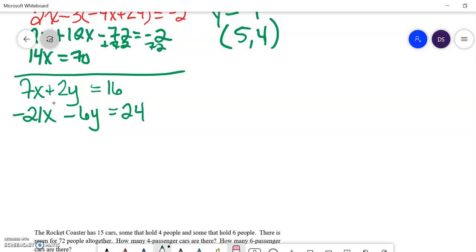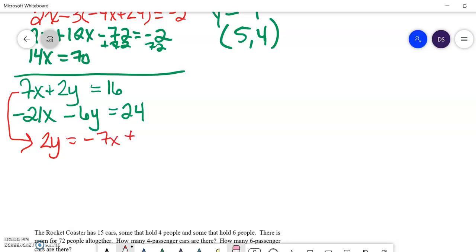When I look at these four variables, the easiest one to solve for, to me, is the y in that top equation. That's just me. Since I'm the one doing this, I'm going to do it that way.